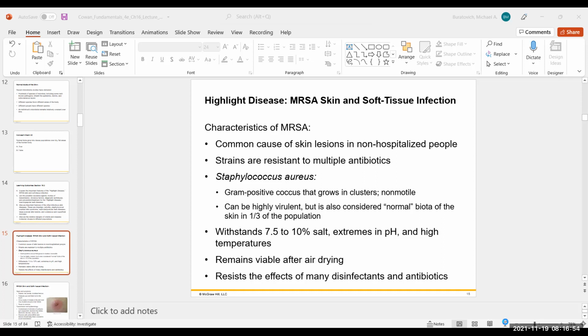Orbital cellulitis will cause pain with eye movement. The lid also starts to droop. That's called proptosis. Drooping of the lid. And then in some cases, you might start to get vision changes because of the pressure on the eye.